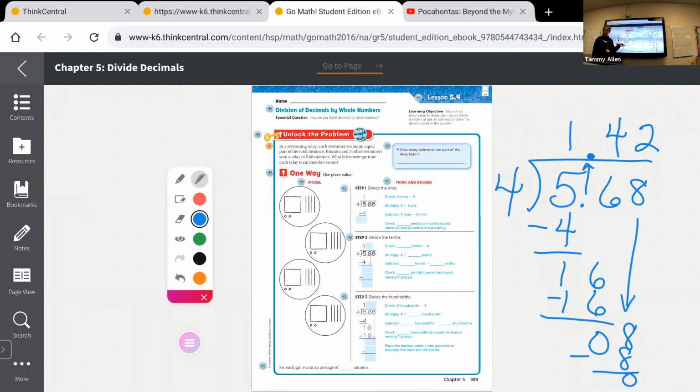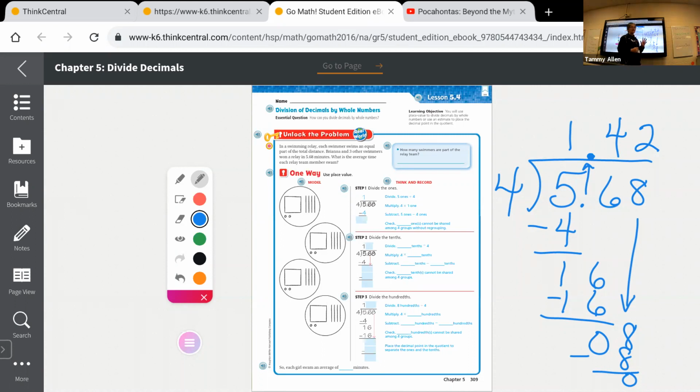So if we were using a model, this would have represented the whole amount, tenths and hundredths, right? So we would have had 5 whole amounts. We had to split it out into 16 of those so that we could get equal groups, right? Because we had some left over. Does that make sense? Okay.